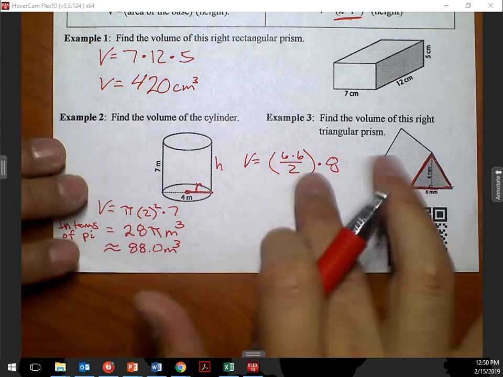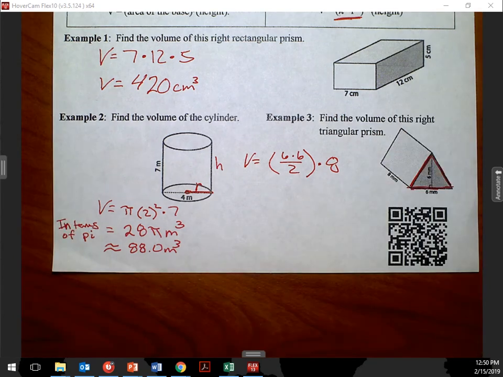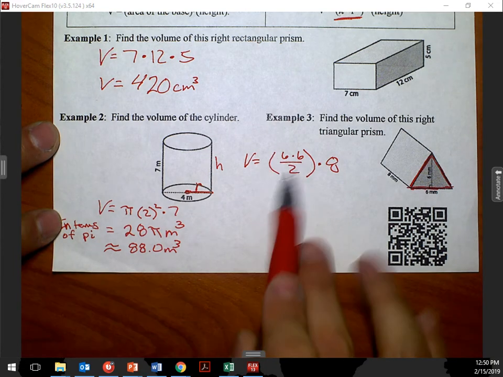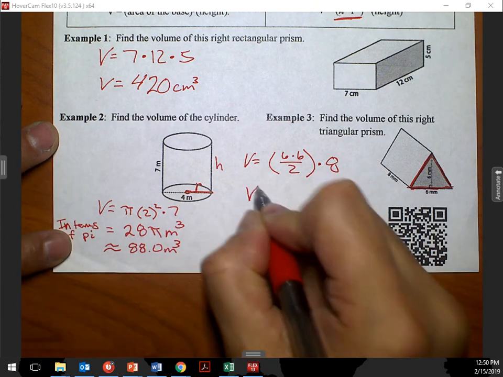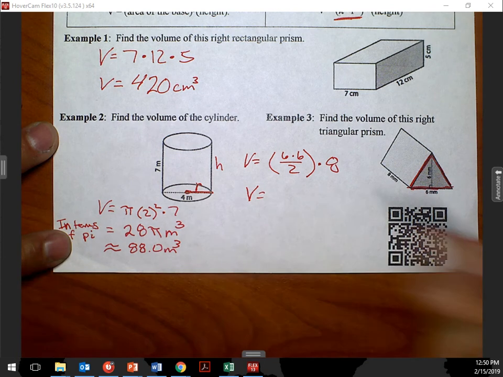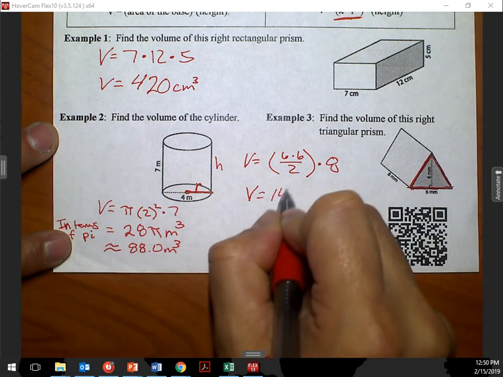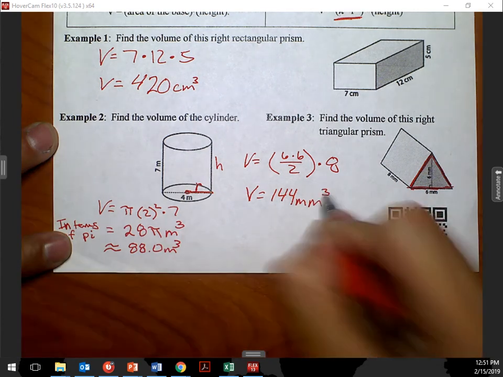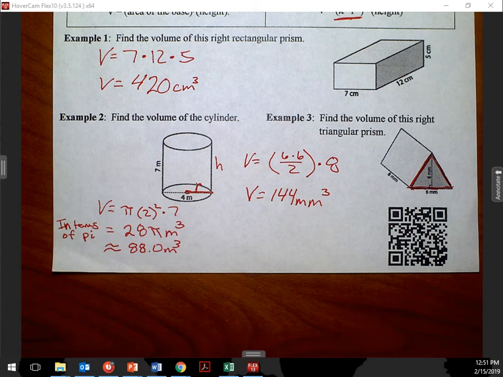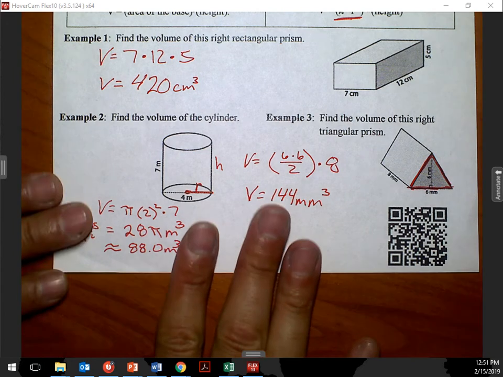That's the height, or the thickness, of that triangle. So this gives me 18 times 8, which is 144. What are my units? Millimeters cubed there. That's pretty easy, right?